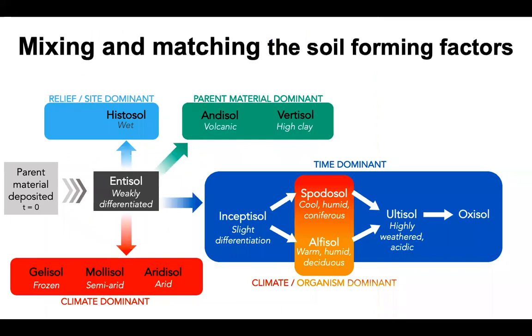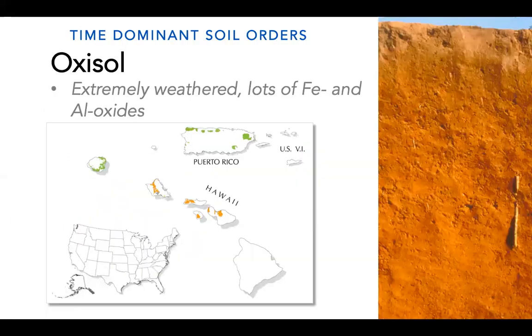Now, the most weathered soils are oxisols. These are extremely weathered soils, and they don't happen in the continental US. You can see that they are predominantly in Puerto Rico, in the Virgin Islands, and you can see some as well in Hawaii here. So these oxisols, they're really weathered.